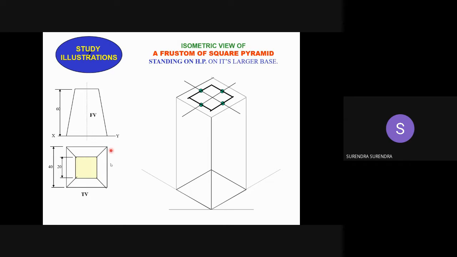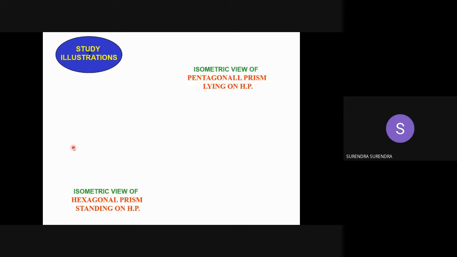So we have completed representing these 2 squares, base and the top sectional area. Now join the respective corners, that is, join this top corner to the bottom base corner. This is how to draw the isometric view of a pyramid when it is cut by a section plane.